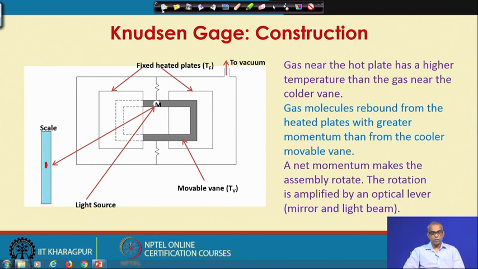So, let me explain one more time. I have a chamber which is sealed and connected to the vacuum source which I am going to measure. Within this chamber, I have two fixed plates mounted. These two fixed plates are heated up to an exactly known temperature.